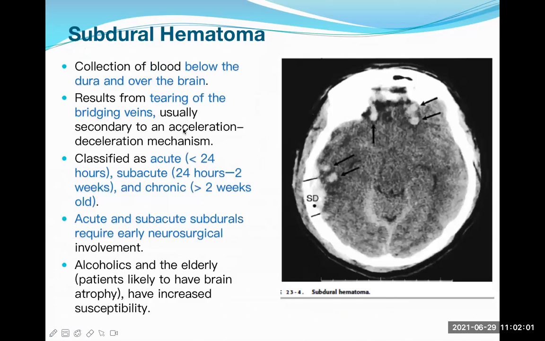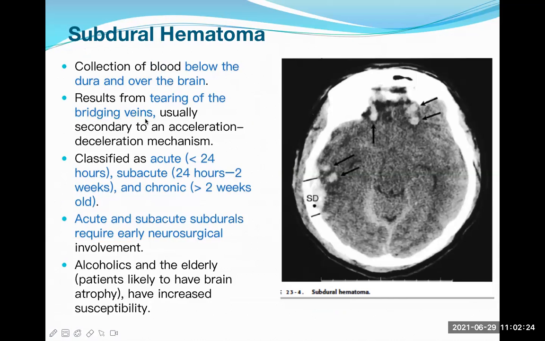Now, see here. Another is subdural hematoma. Now, what is the subdural hematoma? This occurs if the blood clot is collected in the subdural space, and this mainly occurs because of rupture of the bridging vein. So this is a venous type of blood.